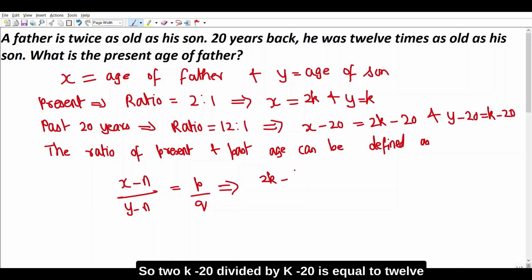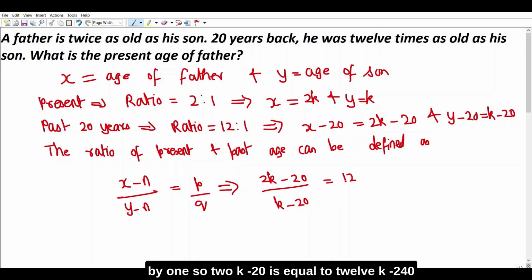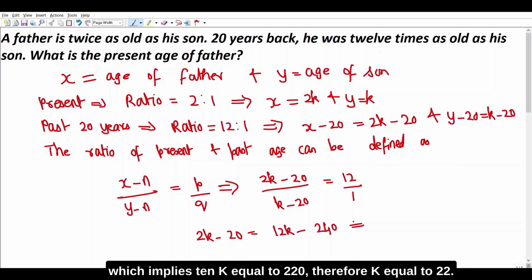So 2k minus 20 divided by k minus 20 is equal to 12 by 1. So 2k minus 20 is equal to 12k minus 240, which implies 10k equal to 220. Therefore, k equal to 22.